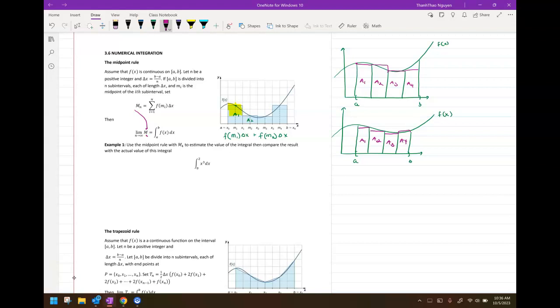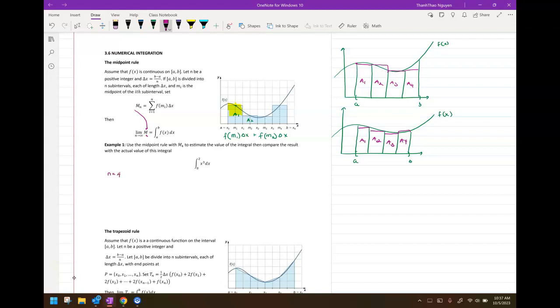Use the midpoint rule with M equals 4 to estimate the value of the integral, then compare the result with the actual value of this integral. Okay, so M sub 4 would mean n is equal to 4. So here we know that n is equal to 4.